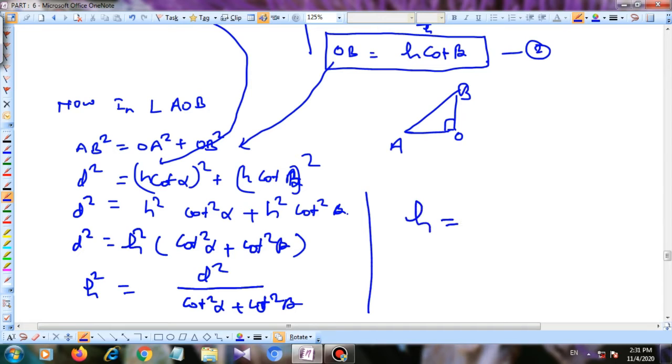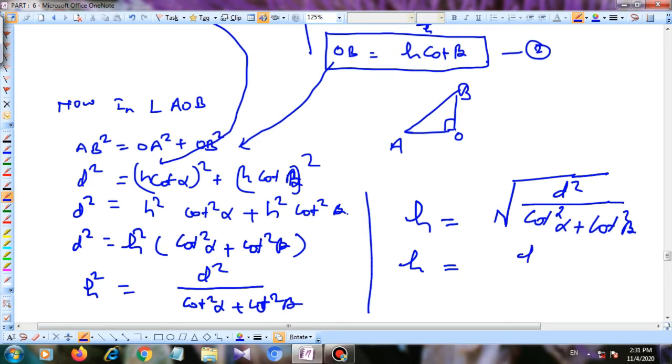So the value of H will be under root of D square upon cot square alpha plus cot square beta. So H will be D upon under root cot square alpha plus cot square beta. Hence proved.